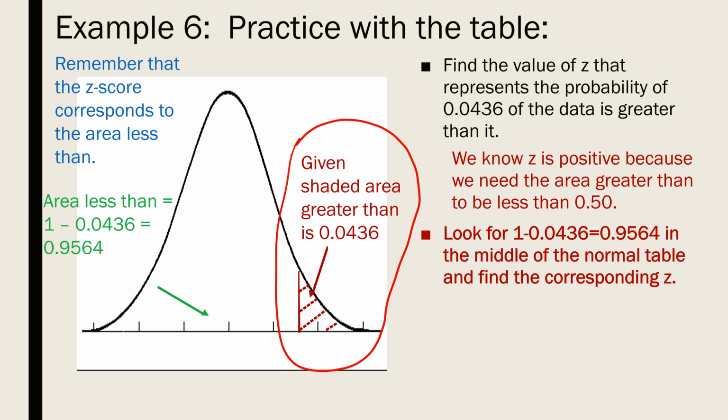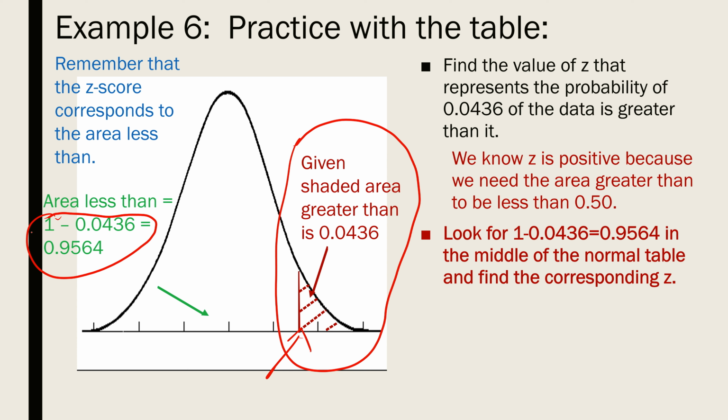Remember that the normal table always records the z-score corresponding to the area less than something. So you need to calculate the area less than this vertical bar, which should be calculated in this way.